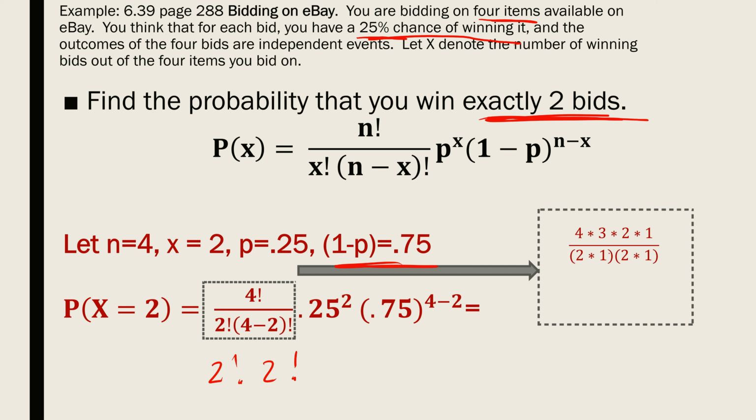So it should be calculated in this way. And as you can see, these two parts are exactly the same, so they cancel out. Then this ratio here will equal 6.